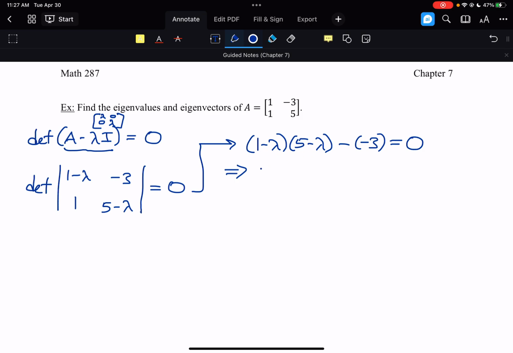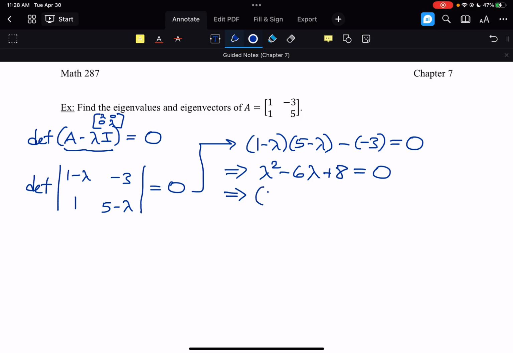So this gives us a lambda squared. We get +1 lambda minus 1 lambda minus 5 lambda. So that's -6 lambda plus 5 plus 3. So this is going to be +8 equals 0. This is factorable.